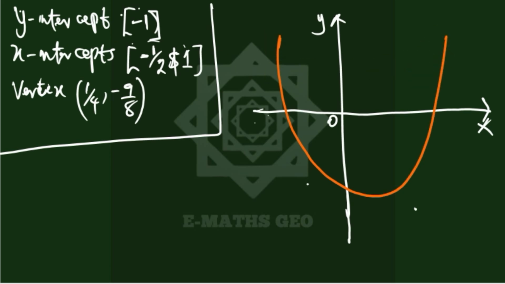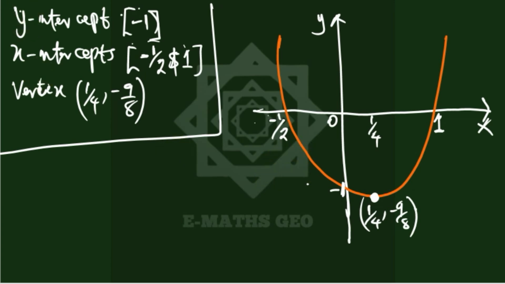Yes, where this is minus half, that's the x-intercept. X-intercepts minus half and 1, y-intercept minus 1. The vertex here is 1 over 4 comma minus 9 over 8. That's minus 1 point something. This is 1 over 4, that's closer to that. So this is my function.